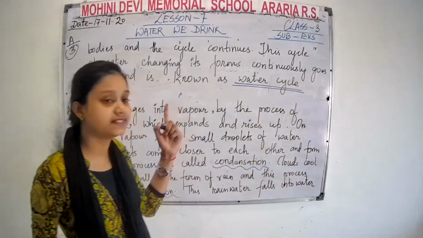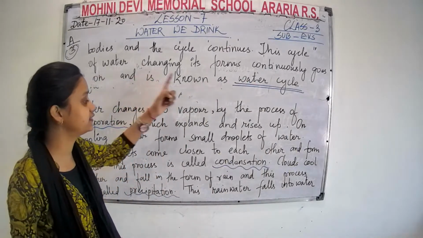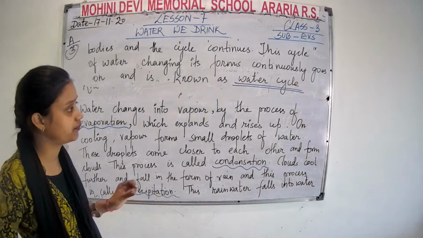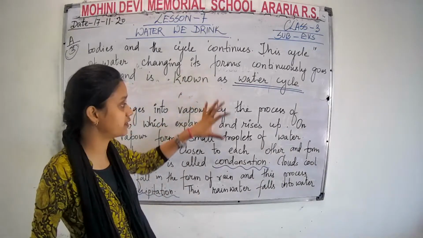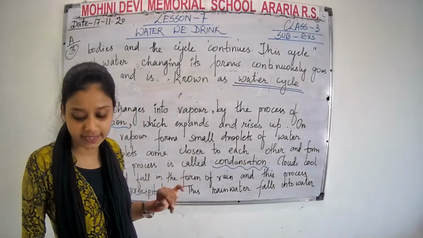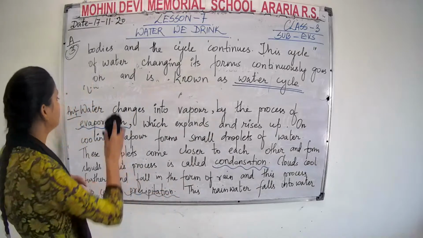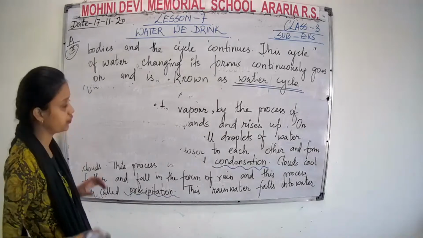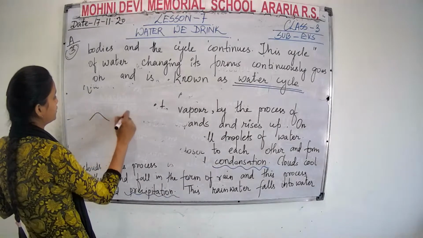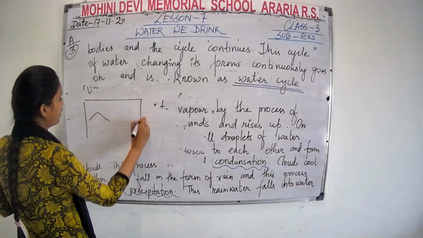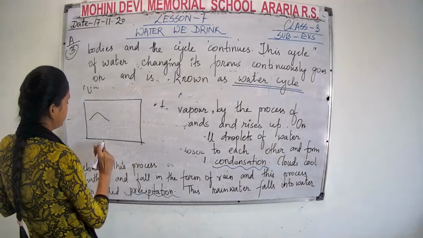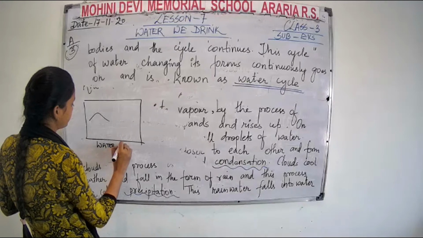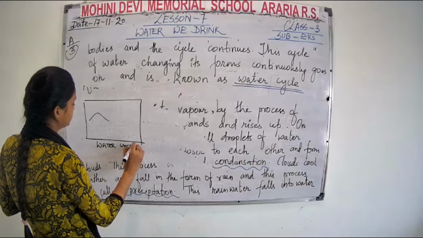That answer was the short answer and this is the detailed answer, and here you also have to make the picture of the water cycle, which is already given in your book. So how will you make the water cycle? Just see. You will draw the picture, you will make one box, and down the box you will write water cycle.